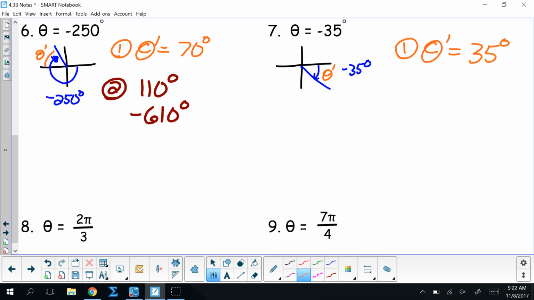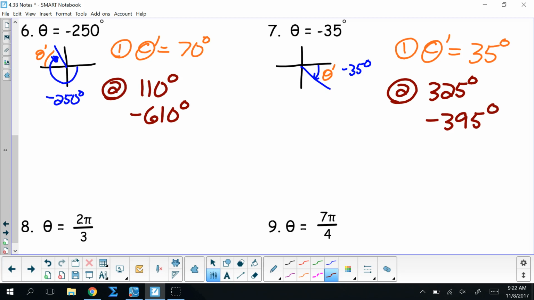Always positive. Because that puts them in quadrant number 1. Adding 360 degrees to that gets me 325 degrees as a coterminal angle. Subtracting 360 degrees gets me negative 395 degrees as a negative coterminal angle.